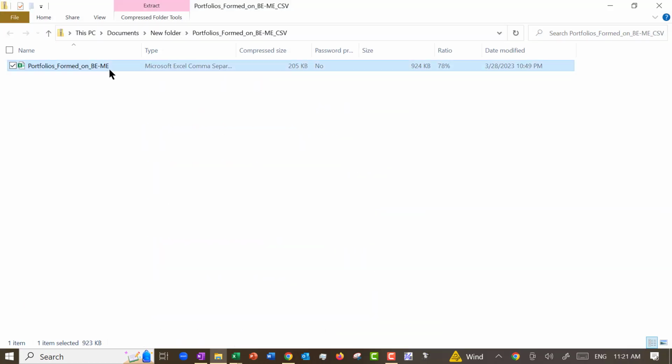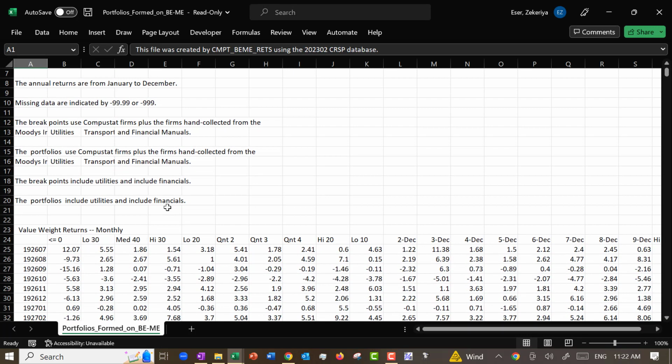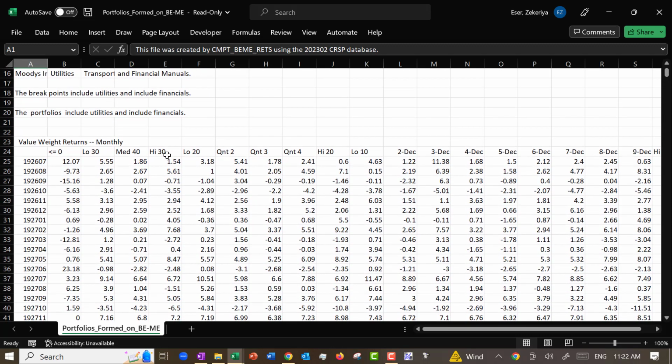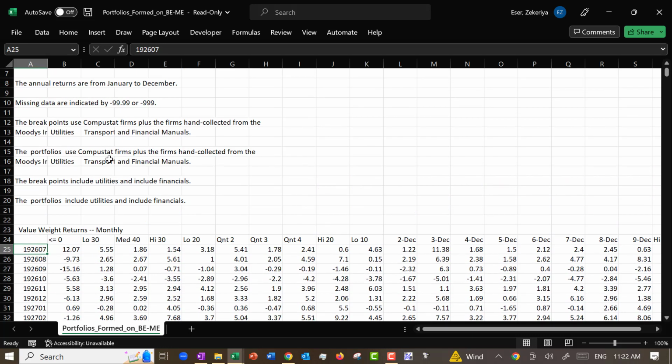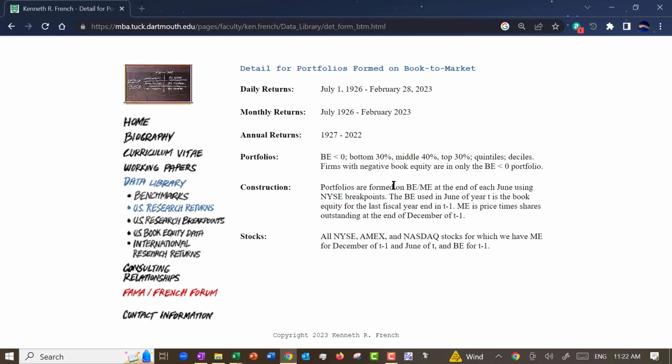Let me open this file. Oh, they actually changed this. These portfolios used to be from 1963. Let's make sure that that's what we are doing. Yeah, okay.